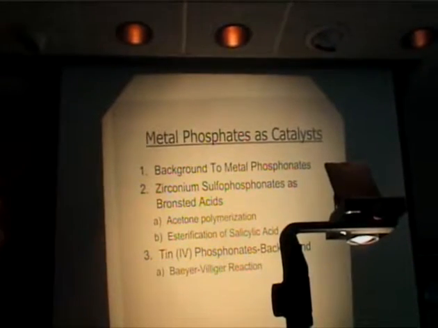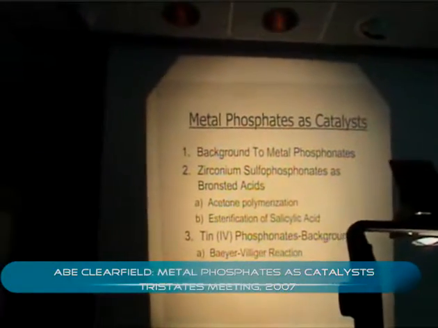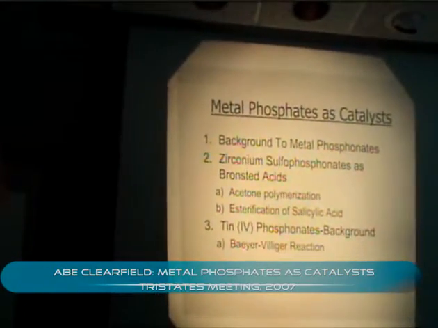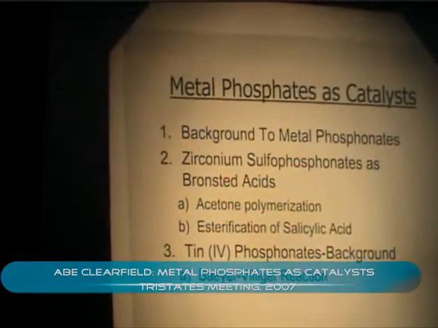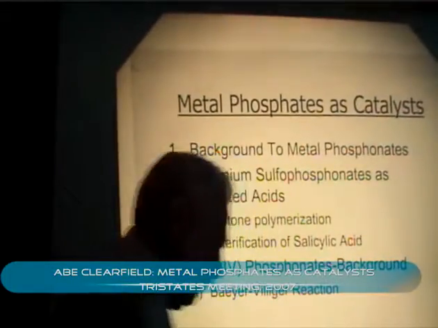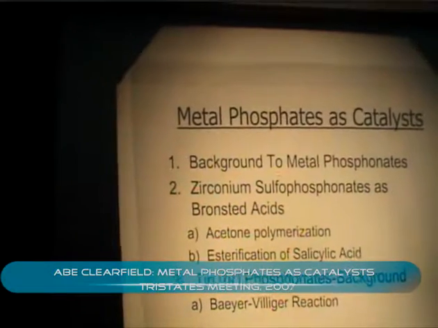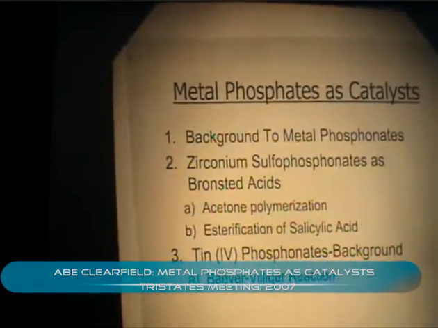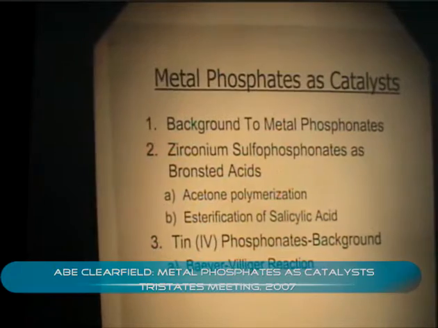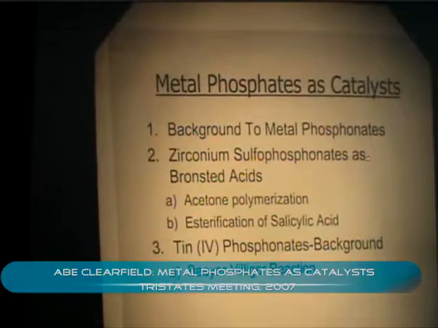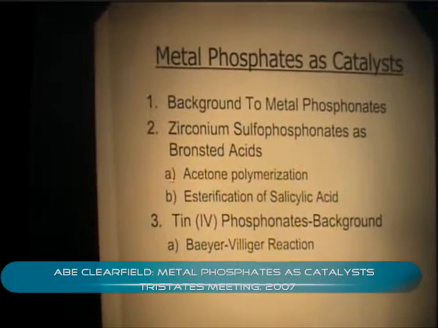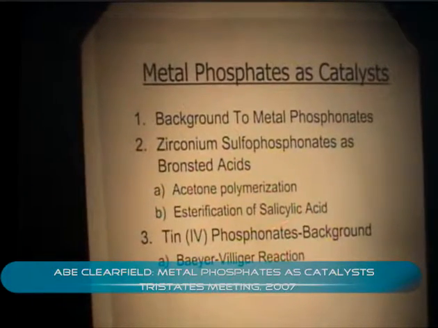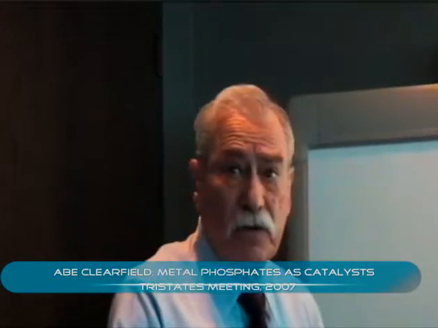So what I'm going to talk about is some background to metal phosphonates in general, then phosphonates, sulfophosphonates, as Bronsted acids, and we did some acetone polymerization and esterification of salicylic acid, and then the tin phosphonates in the Baeyer-Villiger reaction.